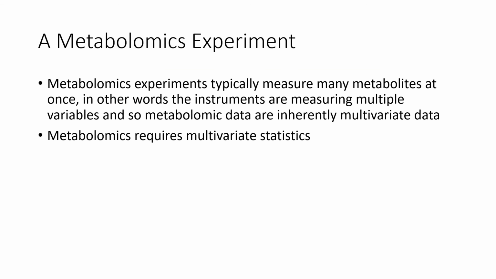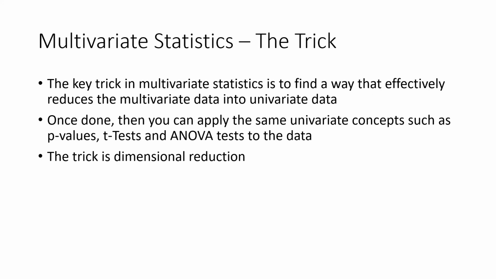In metabolomics experiments, we will measure many metabolites on the biological replicates. And so all metabolomics data is inherently multivariate data, and therefore metabolomics requires the use of multivariate statistics. The trick in multivariate statistics, and this was determined way back in the 1920s or 30s, was to try and convert it to be similar to univariate statistics.